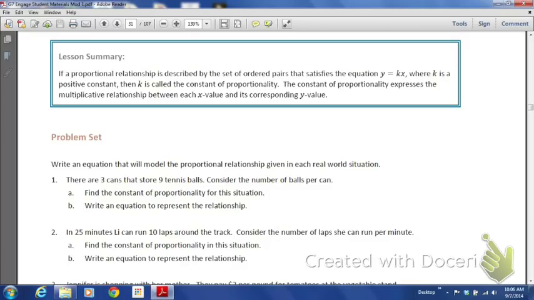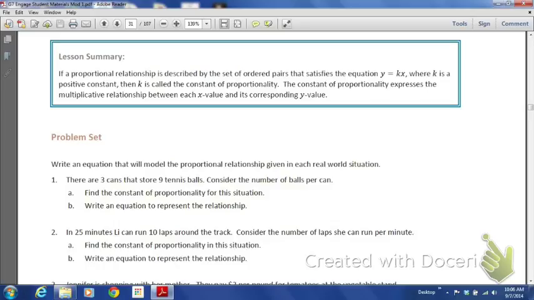Okay, so to close here, just go over our lesson summary, and then I'm going to have you go ahead and do your problem set, complete your exit ticket. Okay, and again, stay on track.